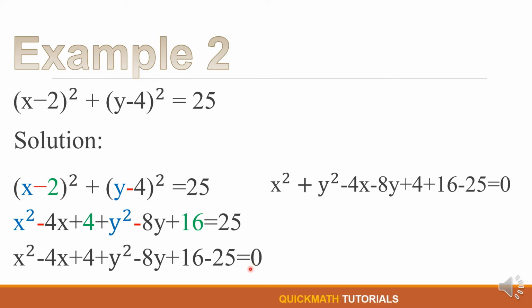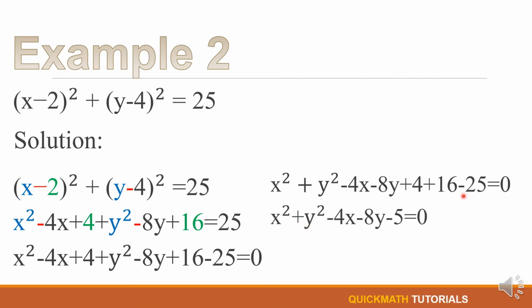Next, we will arrange this equation. So first, we have x squared plus y squared minus 4x minus 8y, and then the constant, we have plus 4 plus 16 and minus 25. For the last step, we will simplify the constant.